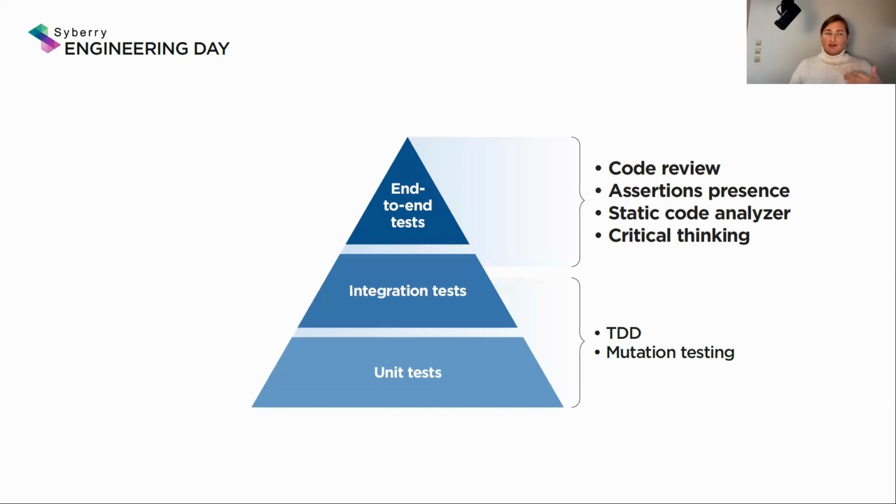Just don't assume that how it works now is the actual expected behavior for the system. Always put it under doubt, and always double check with requirements, with specification, and in cases where you need, with product owners or business analysts.